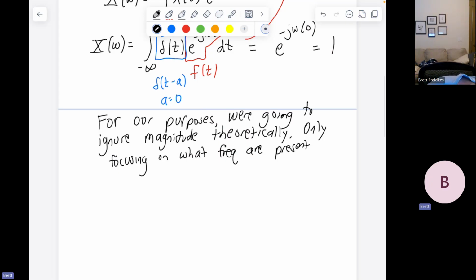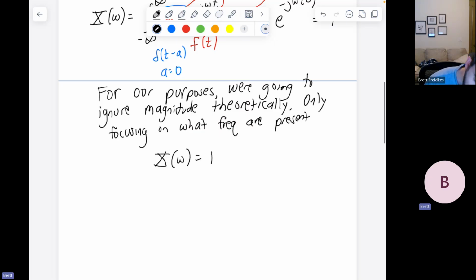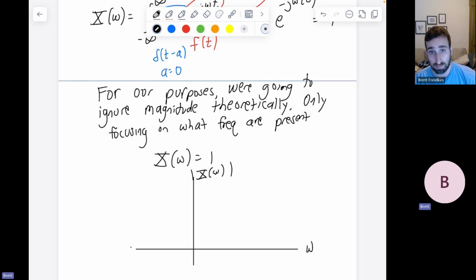So I basically just showed that x of omega is equal to 1. So if I were to plot this in the frequency domain, let's say that this is omega, and this is the magnitude of x of omega.